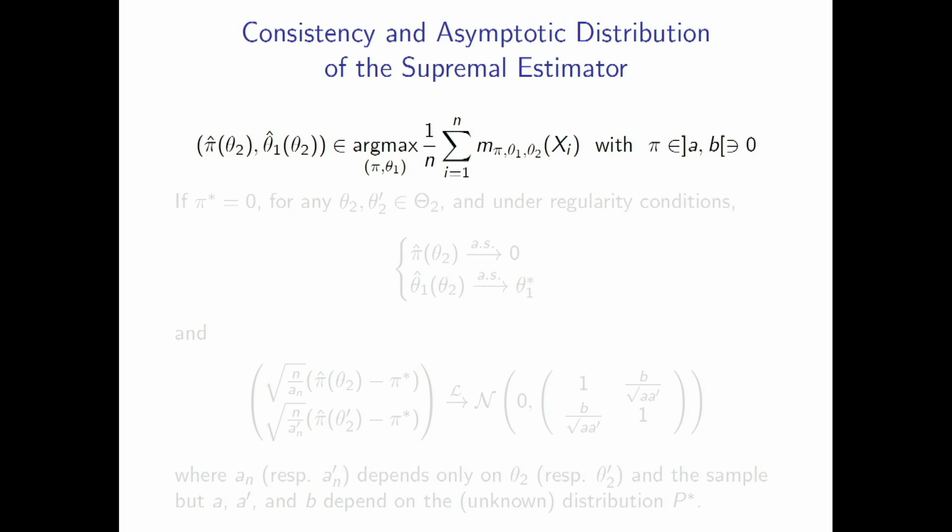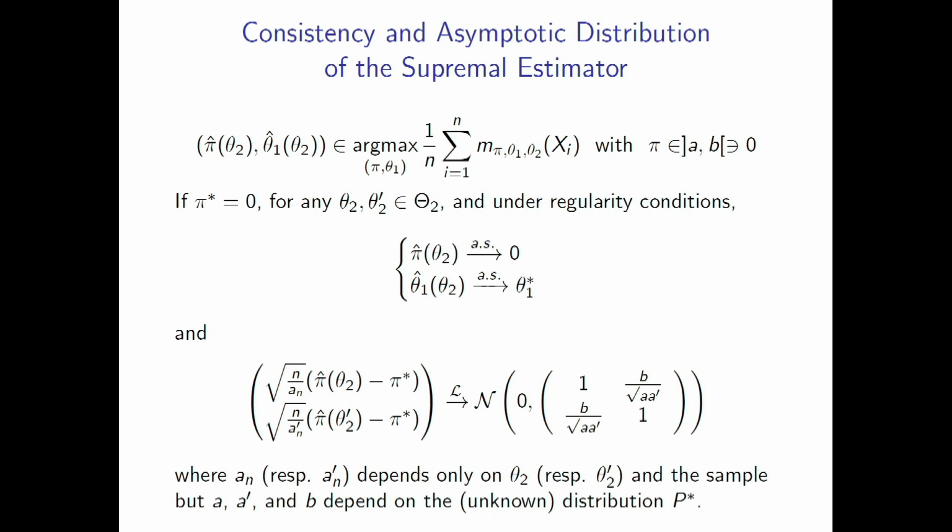And so we tried to assess the properties of this estimator, and there is no bad surprise. If π star is 0, or actually if θ2 is θ2 star, then the estimators are consistent and they are asymptotically normal, and you can compute their asymptotic distribution.